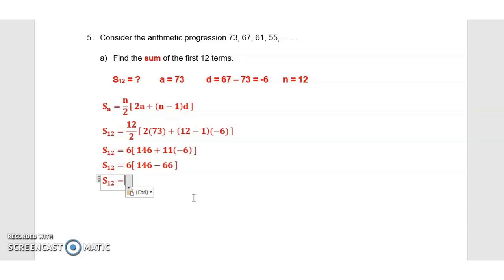So the sum of the first 12 numbers is 146 minus 66 is 80. 80 multiplied by 6 equal to 480. So in this sequence, if we total up the first 12 terms, we will get 480.